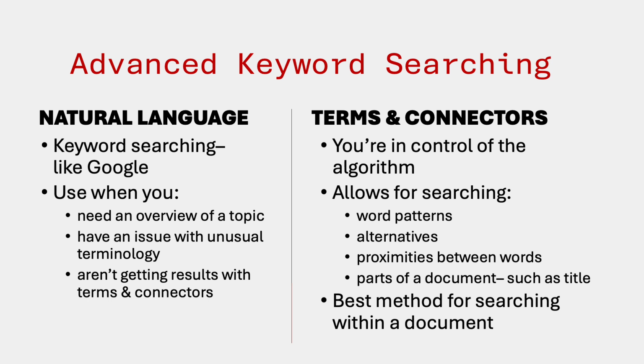We can use connectors to search for particular word patterns, alternative words, truncation at the end of a word so we see multiple forms of a word, and proximities between words, so we can search within 3 words of one word from the next word, within the same sentence, or within the same paragraph.